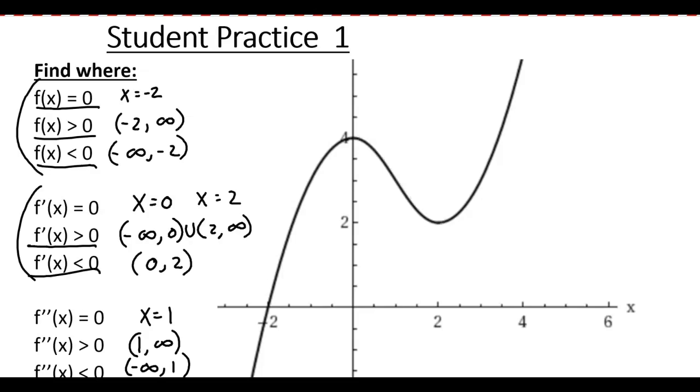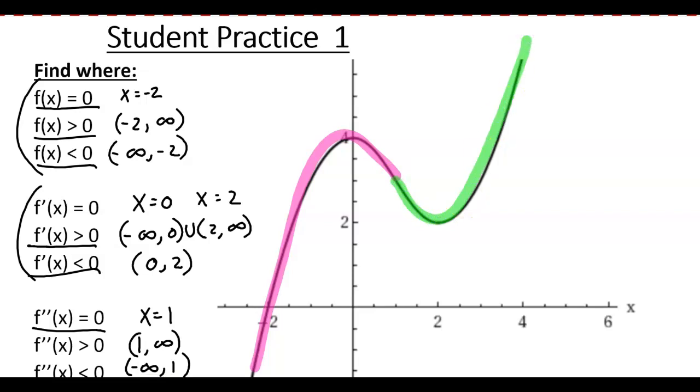All right, next. Where is the second derivative equal to 0? It's where it changes concavity. It's the point of inflection of this graph. So I would say that it's concave down from here up to that midpoint between the peaks, and then from that midpoint of the peaks on into infinity.